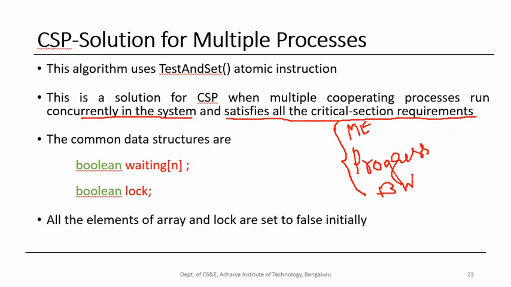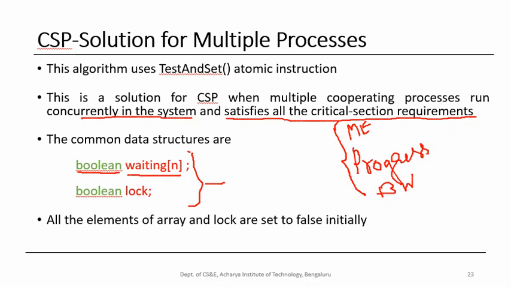This algorithm assumes that all the cooperating processes are going to share these data structures: an array of n elements, where n is the number of processes that run concurrently. All the elements are of type boolean.